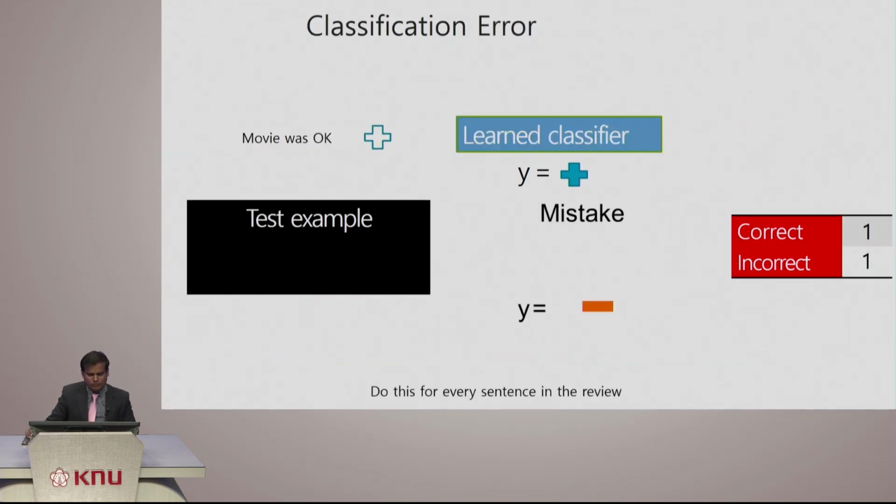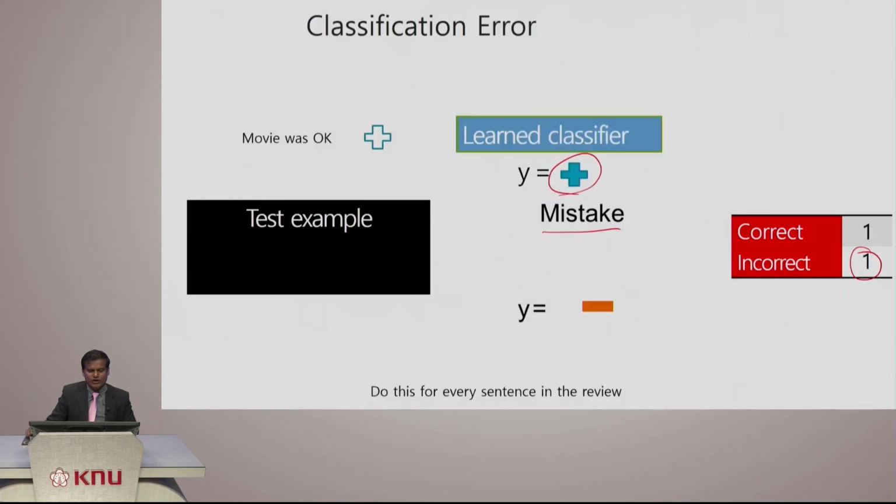Then now you have movie was okay. Well, movie was okay. Sometimes okay is just not really revealing the positive thought. But still your classifier is classifying it as positive, which is a mistake. So we got one incorrect.